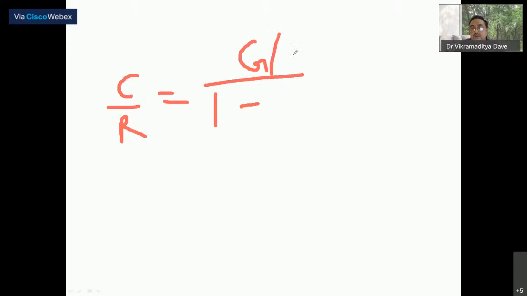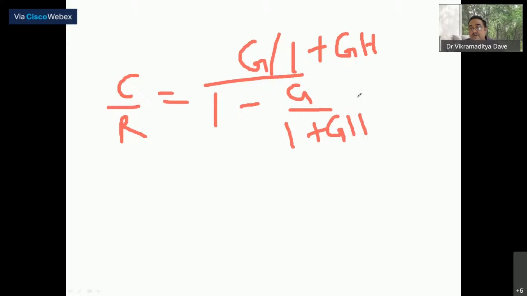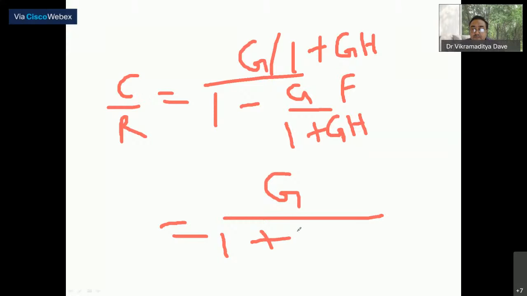Oh, everything has been lost. Sorry. So I am writing down the overall transfer function C by R: it is nothing but G upon 1 plus GH, divided by 1 minus G upon 1 plus GH into F. So 1 plus GH will cancel out and you are left with G upon 1 plus GH minus GF.